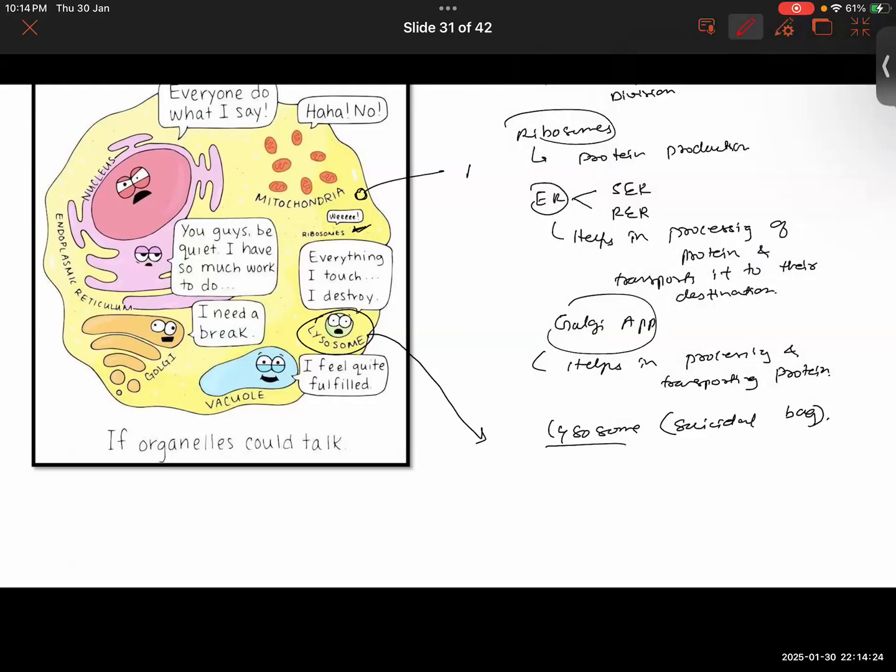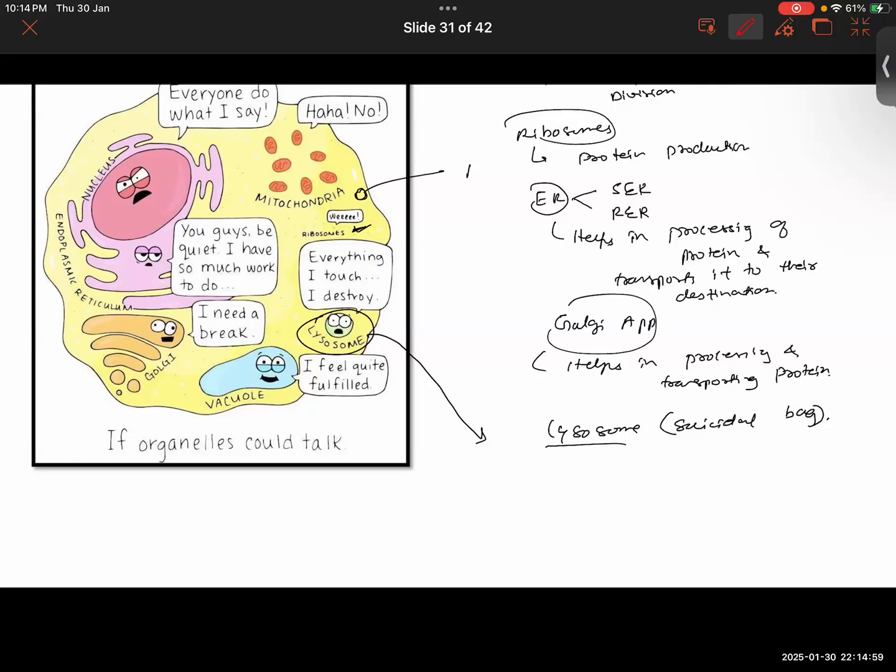So what happens is, whenever some parts of the cell get damaged, if a cell organelle gets damaged, or for example some waste material is produced inside the cell, it will go into this lysosome. The lysosome will break down the damaged part of the cell, kind of dissolve it.